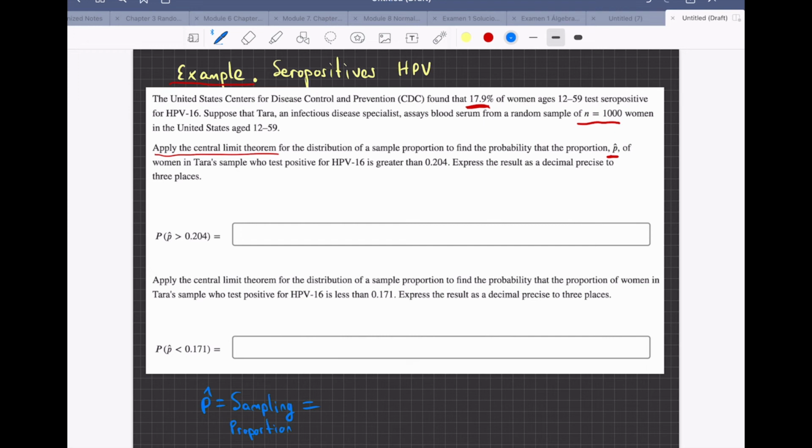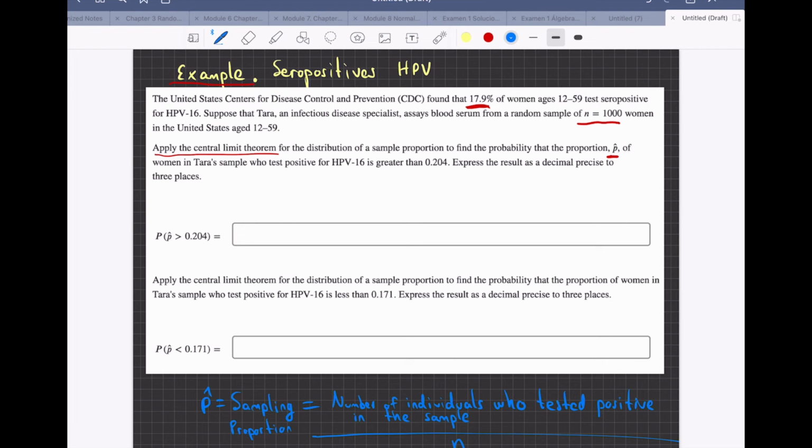P hat in this context is the number of individuals who tested positive in the sample divided by the size of the sample, n.